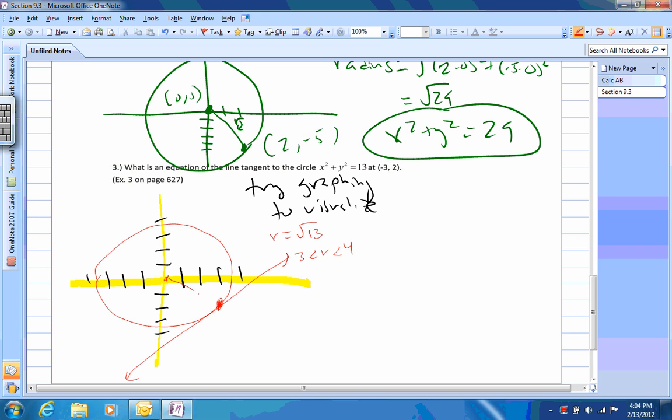Remember, tangent has to touch it at just one point. Another thing that's important to know is that the radius and tangent line are always going to be perpendicular. That's back from geometry last year. So you want to write the equation of the line, y equals mx plus b. X comma y we know is -3 comma 2.